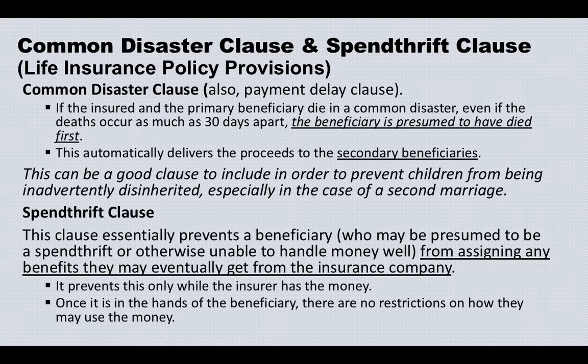Or you can do a fixed period, say 20 years of installments, or a monthly payment, say $50,000 per year, for the rest of the life of the beneficiary. So when there's a spendthrift beneficiary, you should not use the lump sum payout. Then this spendthrift clause is very important.